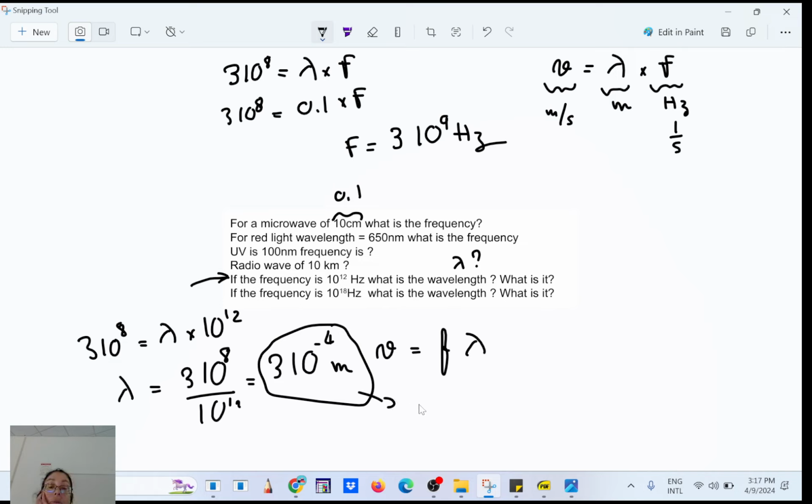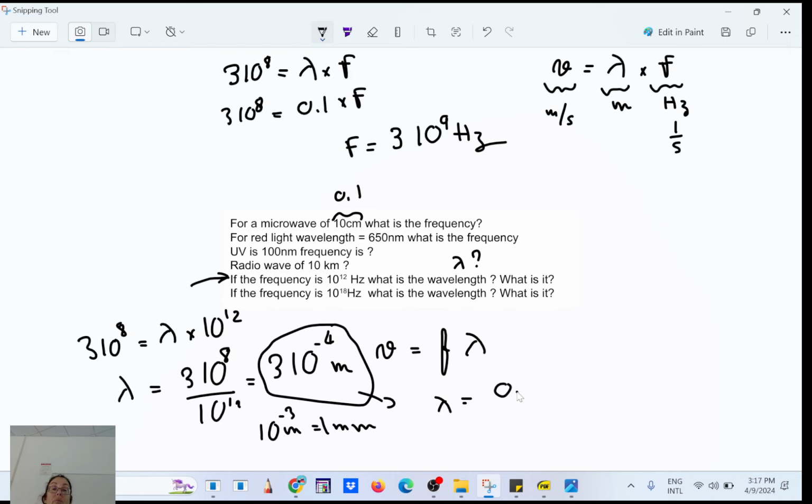So that will be about, in millimeters, can you turn that into millimeters? 10 to the minus 3 meters is 1 millimeter. So in millimeters, it's going to be 3 times 10 to the negative 1, divided by 10 to the negative 3, right?